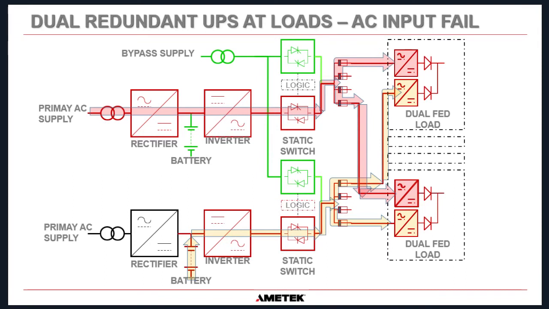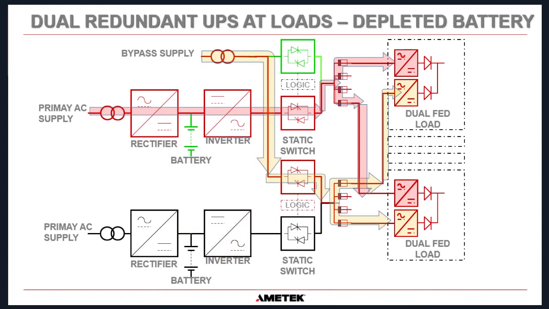Now, if the battery on UPS-B completely discharges, then the system is going to transfer to its bypass supply. So you follow the bypass supply down, orange, through the bypass static switch of UPS-B. Let me clarify that.